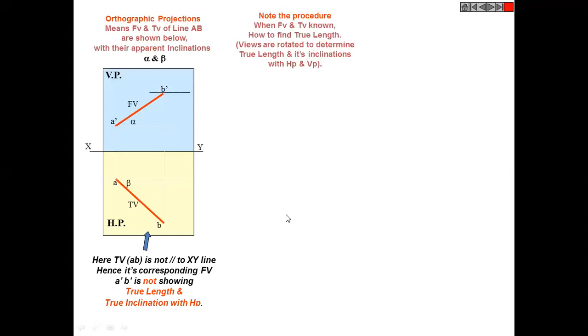Okay, so I discussed two ways: either you are given a set of few things and you find this, or you are given these and you find this. Both things we will discuss here. Right now, the front view and top view are given. How to find the true length, we will see, and the true inclination also.